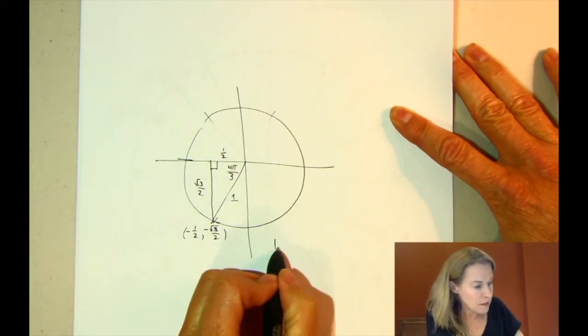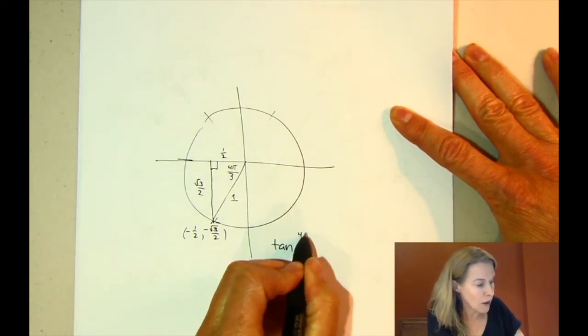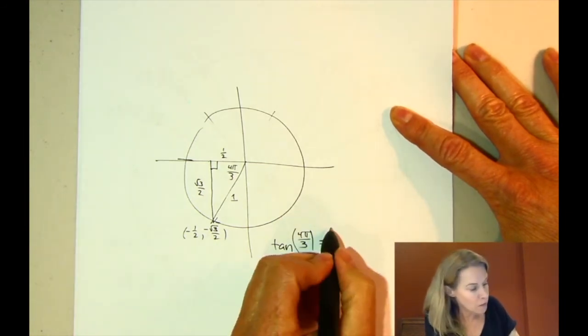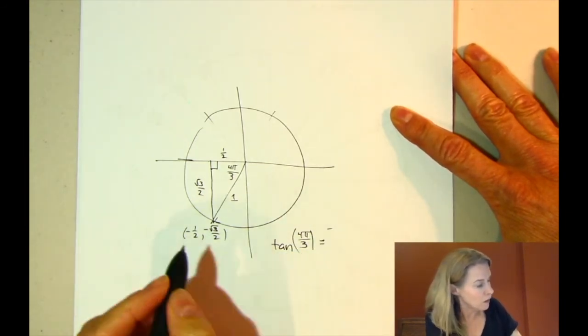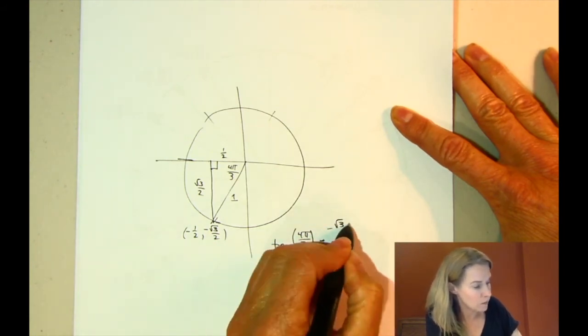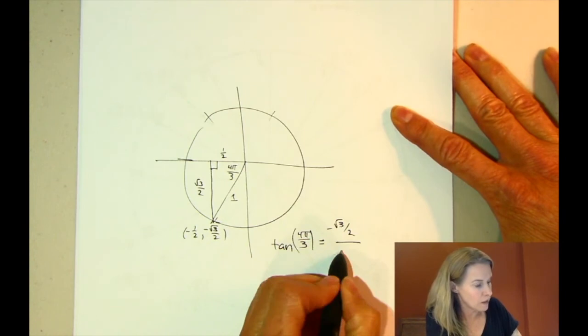What if I wanted the tangent of 4 pi over 3, for instance? Well, I know tangent is sine over cosine, or opposite over adjacent. So I just have my opposite side, which is my y component, over my adjacent side.